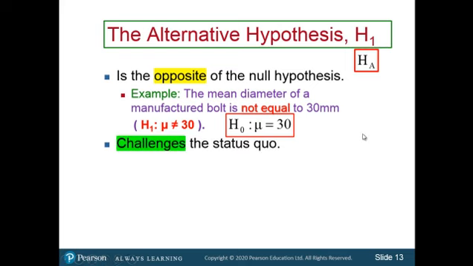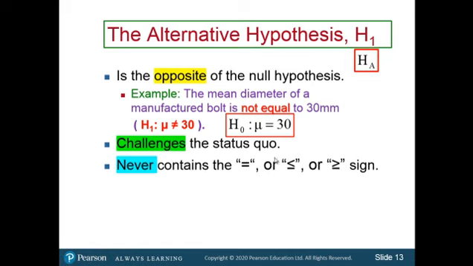The alternative hypothesis challenges the status quo, which refers to the null hypothesis. And the alternative hypothesis never contains the sign of equality. These three signs should not be used for the alternative hypothesis: equal to, less than or equal to, or greater than or equal to.